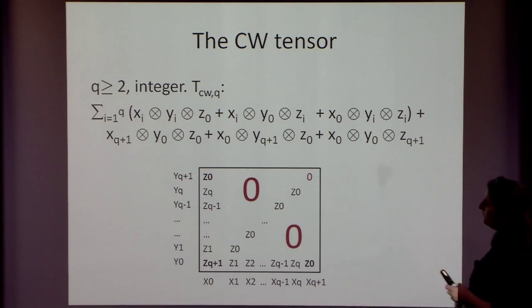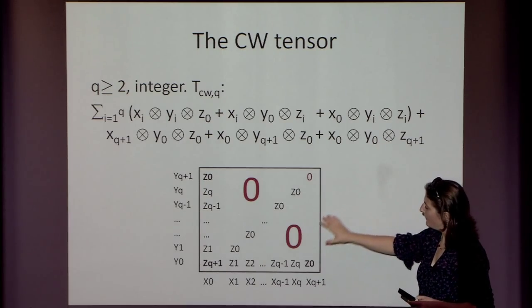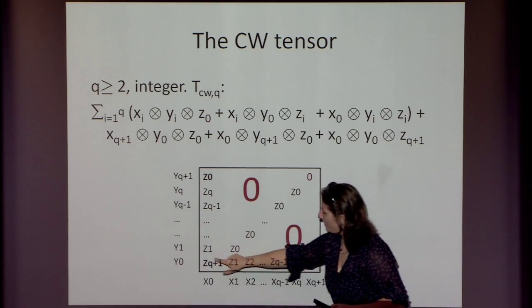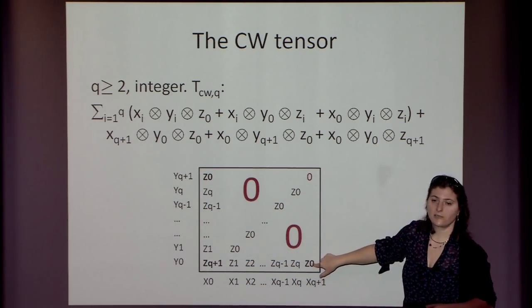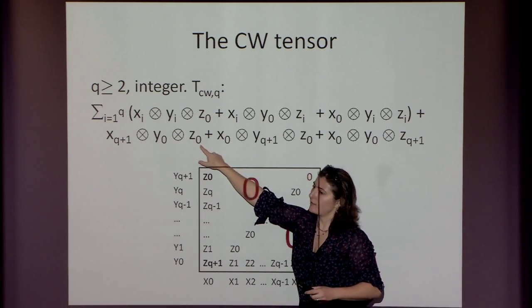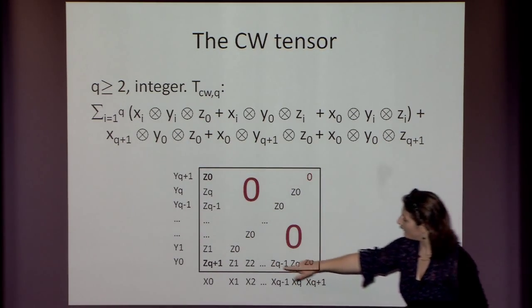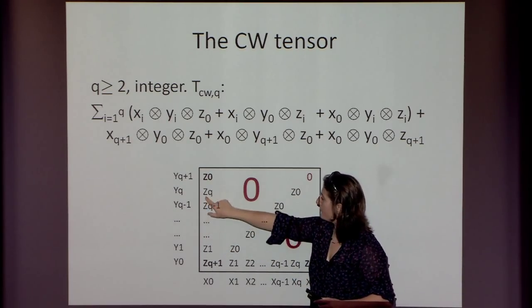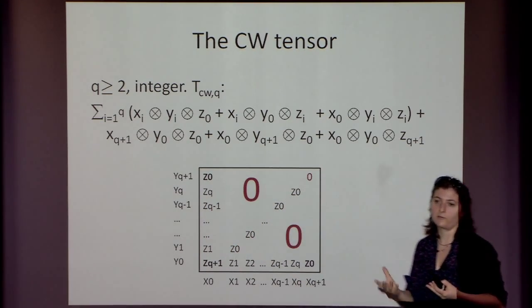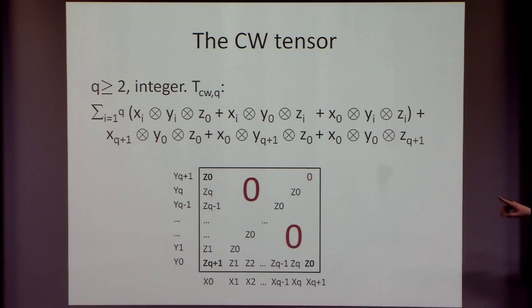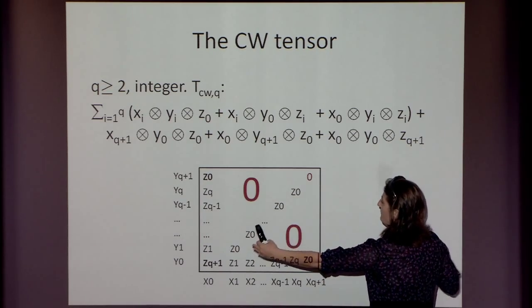And then for CW, you have zeros here. These 3 entries here correspond to the 3 scalar multiplications. This here, and this here, and this here, they correspond to the matrix products that are at the top. So this is what this tensor looks like, and as q grows, it becomes longer and longer.